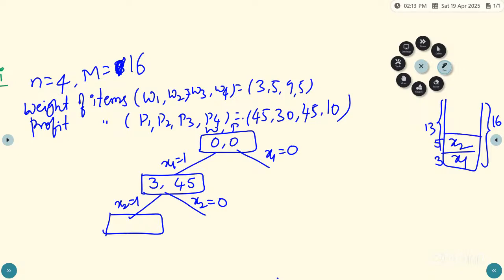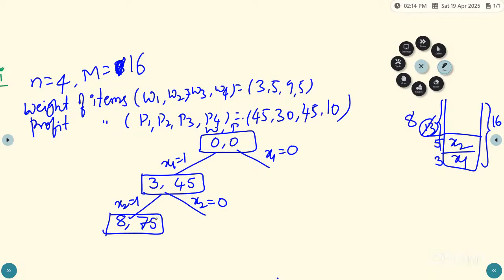So instead of 13, leftover is now 8 units. So here weight is 8. Profit is already 45 from the first item, from the second item 30. 45 plus 30, 75 units of profit.